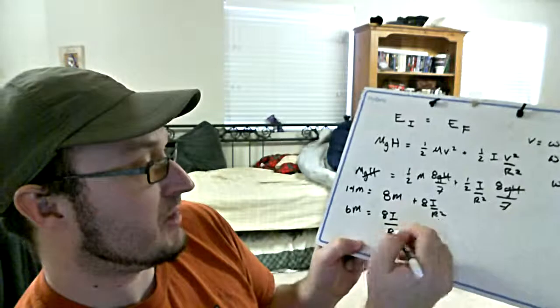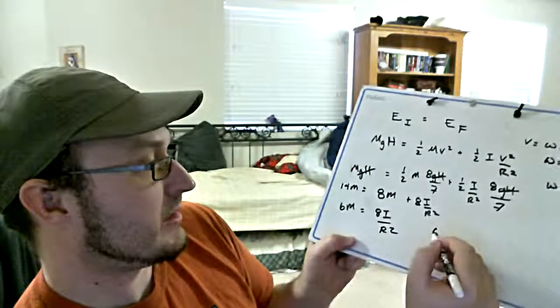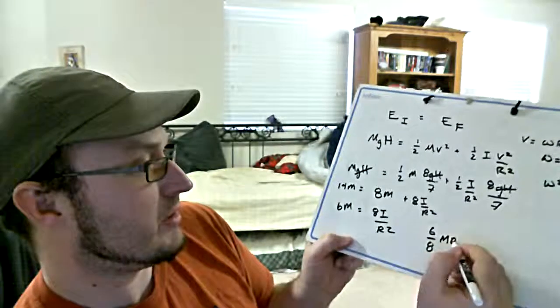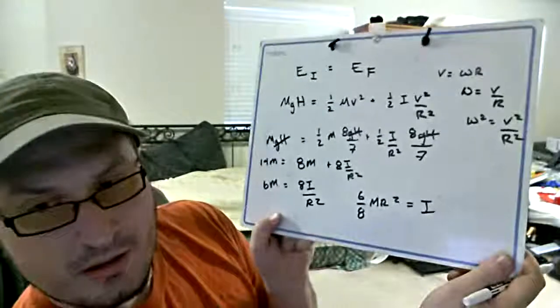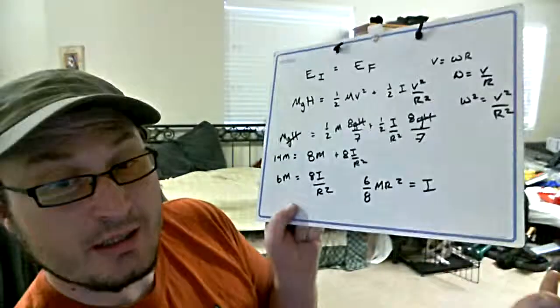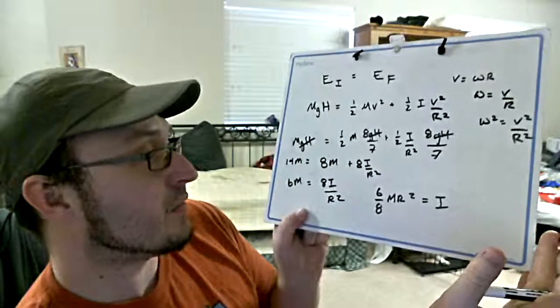And so we get 6/8 mr squared is what I equals. And if you were quick about that, and I wasn't, talking as much as I was actually doing it, I think you could work through that pretty quick.